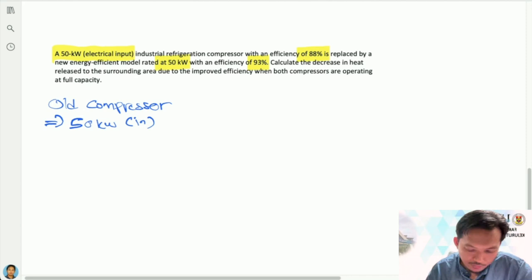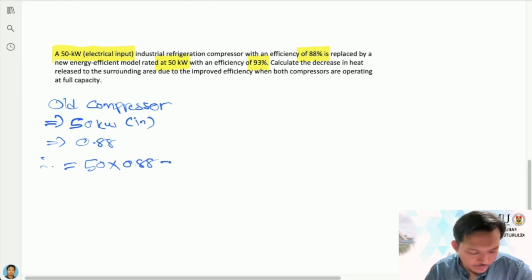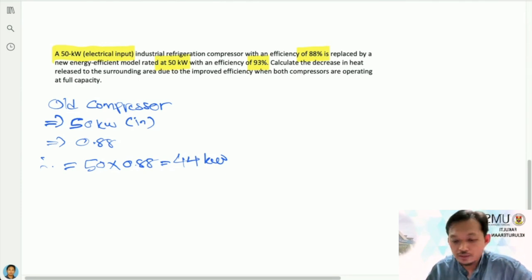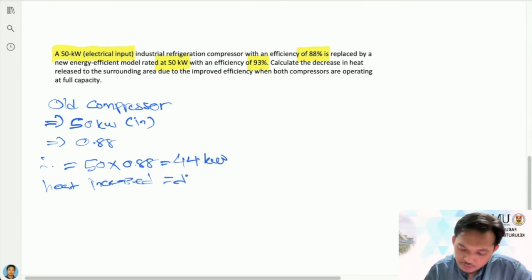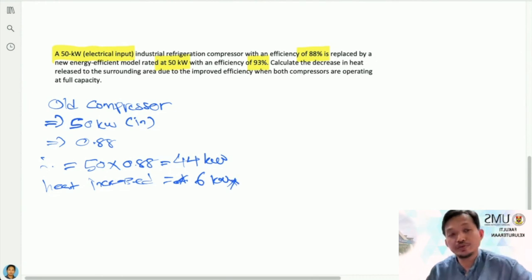So if the efficiency is 88%, the actual output will be 50 times 0.88, which is equivalent to 44 kilowatt. All right. So if only 44 kilowatt of useful work goes out, the heat increase because of the inefficiency will be 6 kilowatt. Okay, so this one is for the old compressor.